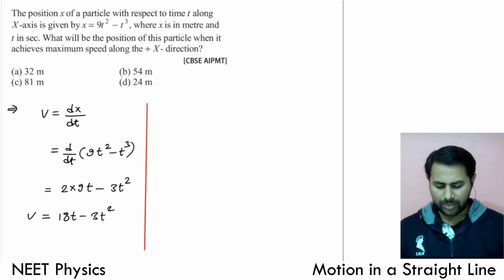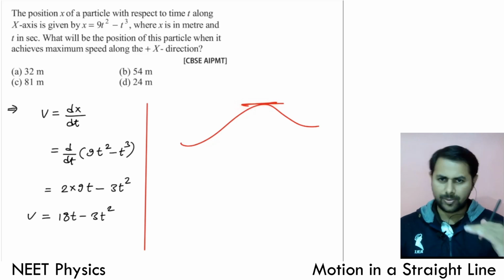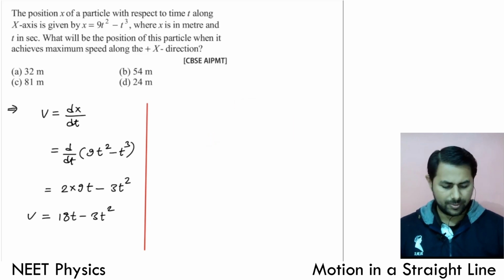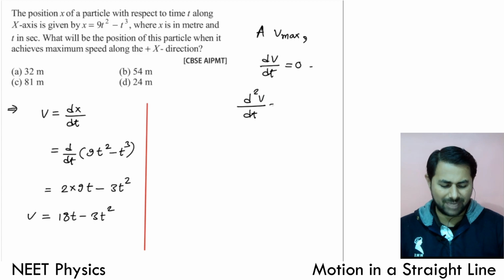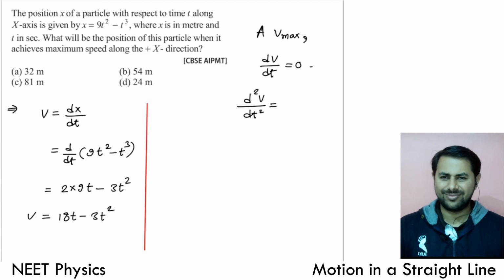If you plot the velocity versus time graph, if it goes something like this, at maximum velocity, if you find its slope of the graph, that is equal to 0. So at Vmax, dv by dt would be equal to 0. And tell me what will be the second derivative of v with respect to time? Will it be positive or negative?